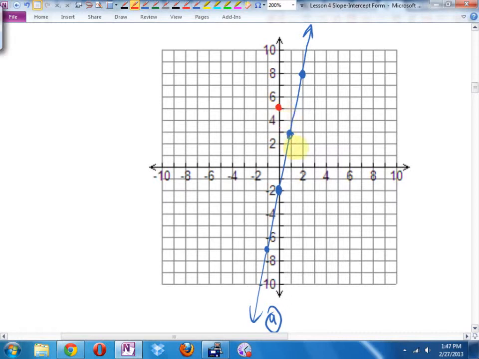Down 3 over 1. And I can go back 1 up 3. I'll call that line B.